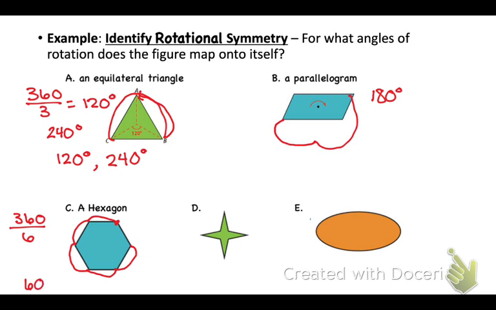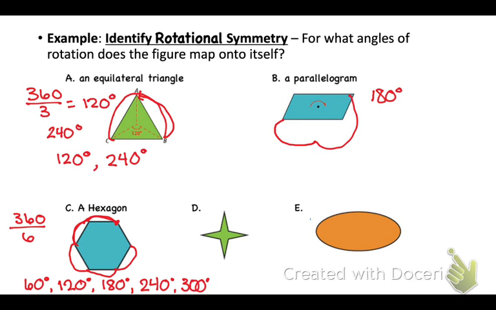So 60 degrees is the first rotation. The next would be 120, then 180, then 240, then 300. And do I stop? One more gets us back to 360 and we don't do 360.